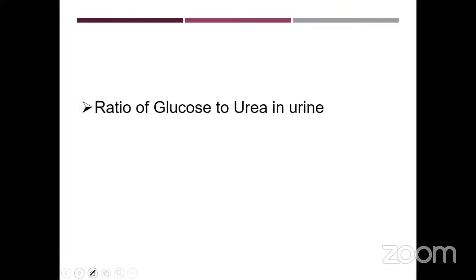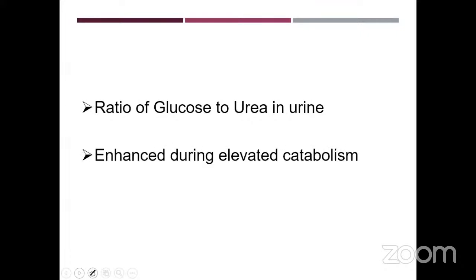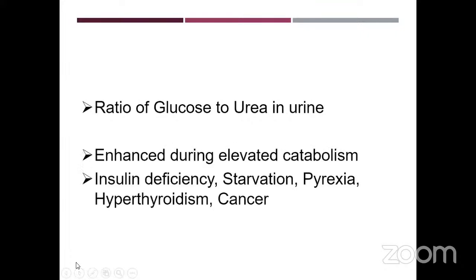And there is a ratio of glucose to urea in the urine, and that ratio will be increased during increased catabolism. Just know that there is a ratio called the glucose to urea ratio present in the urine.